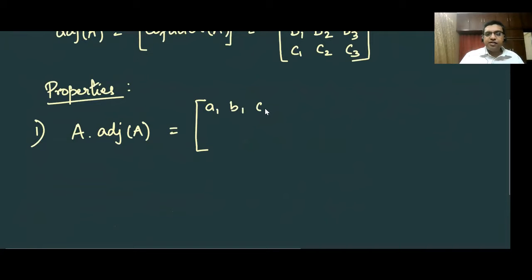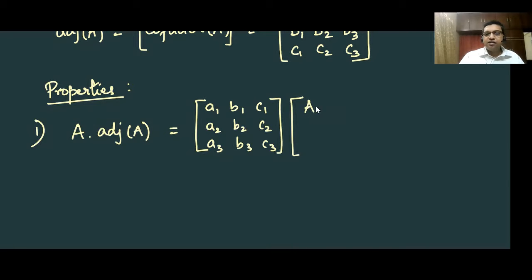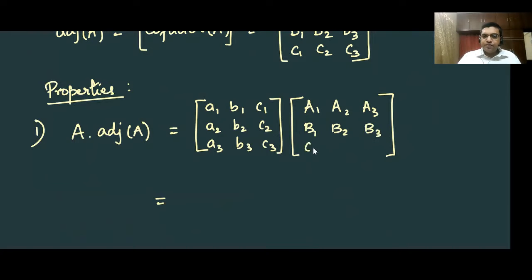A1 B1 C1, A2 B2 C2, A3 B3 C3 multiplied by A1 A2 A3, B1 B2 B3, C1 C2 C3. So you see capital A1, B1 capital B1, C1 capital C1.